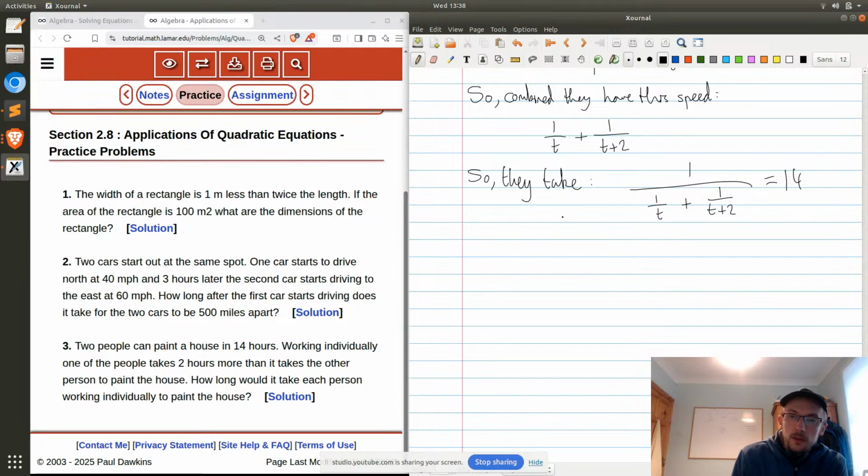Okay. Okay. Fine. Reciprocal both sides. And combine them. And flip and reciprocal.